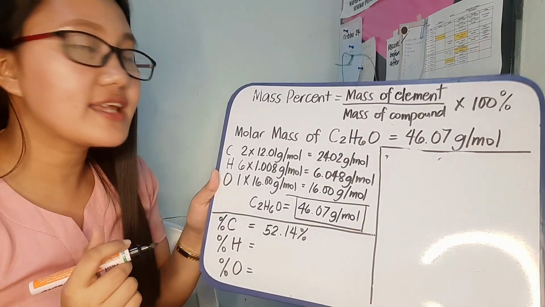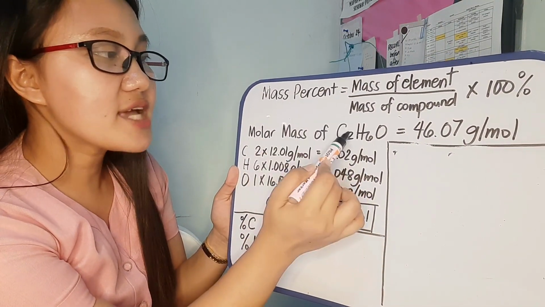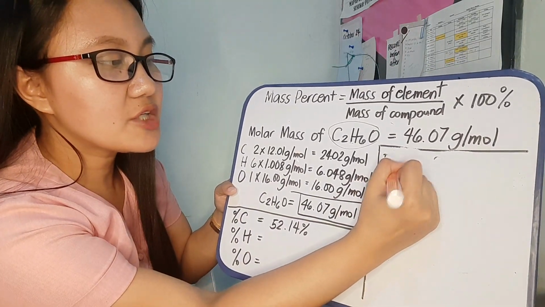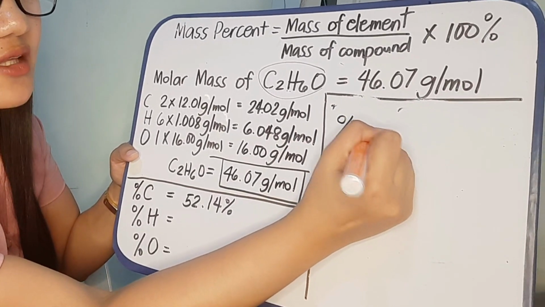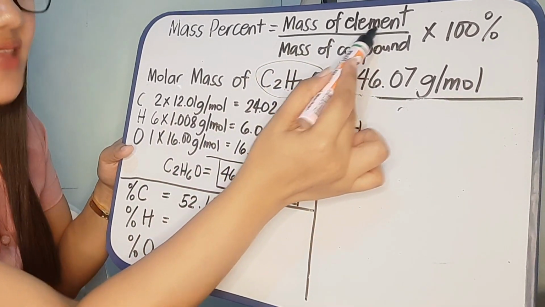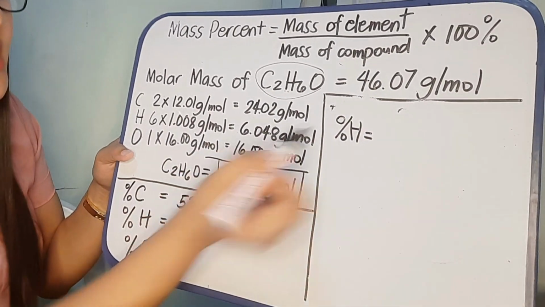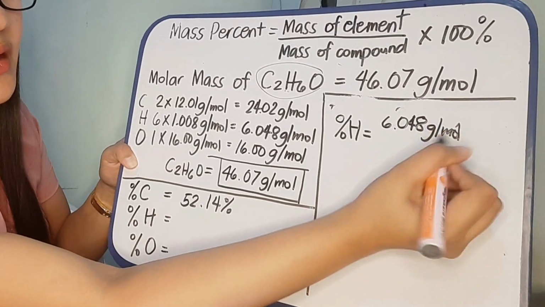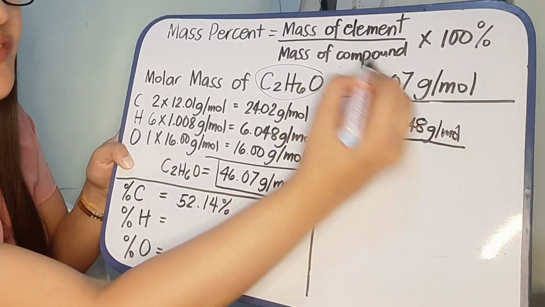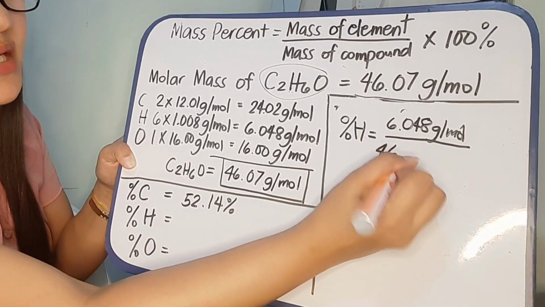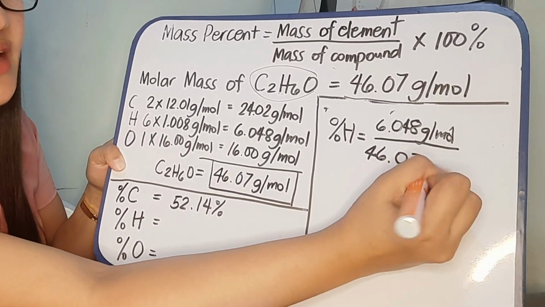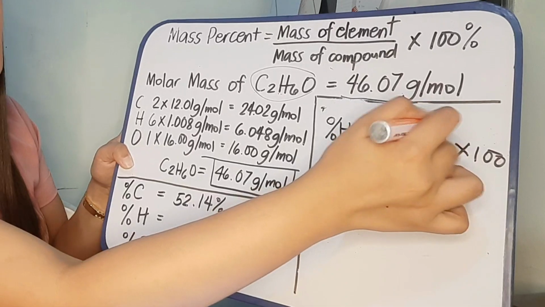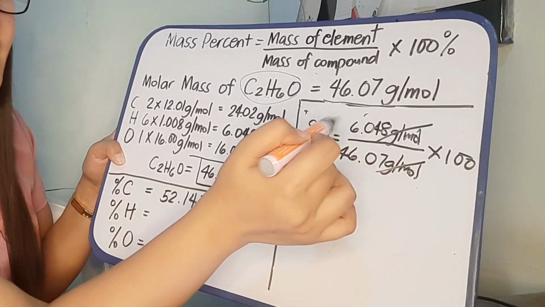So next, ang kailangan naman nating hanapin ay ang mass percent of hydrogen in our ethanol. Dapat ang magiging itsura naman yan ay percent ng hydrogen is equivalent to mass of element. Ano yung mass of element? 6.048 gram per mole divided by, ano yung mass of a compound? Ang mass ng ating ethanol ay 46.07 gram per mole, times 100. Pwede na natin itong i-cancel.